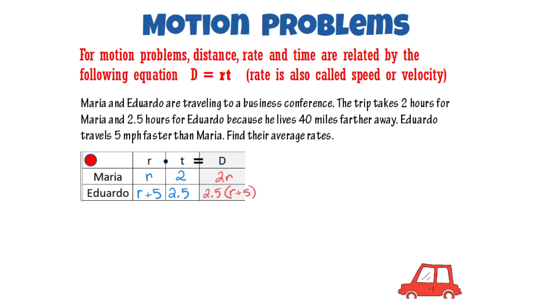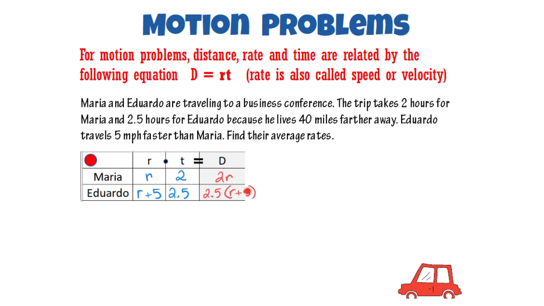And now what we're doing is we're planning, what is the deal with these two distances? Think about Maria's distance to the business conference, Eduardo's distance to the conference. Did they travel the same distance? If they traveled the same distance, then I'm going to make this equal this.